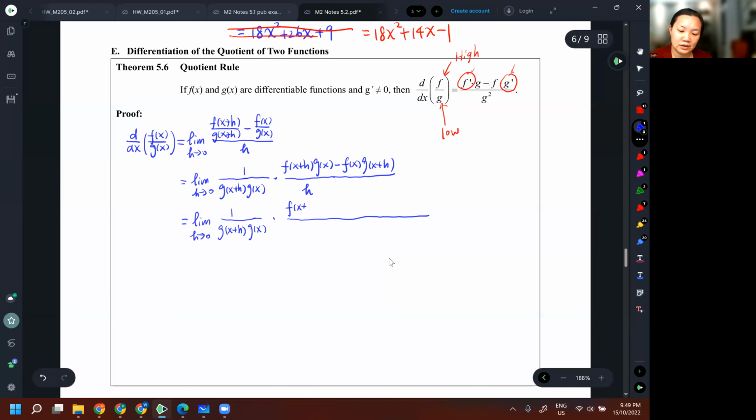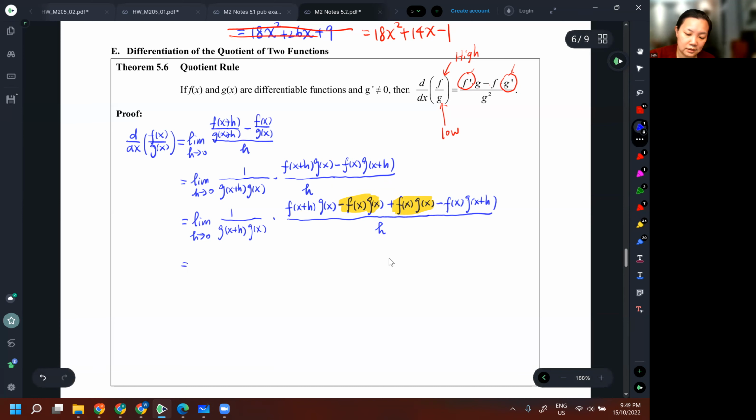This one I will get minus f of x g of x plus f of x g of x. Here I am subtracting and adding f times g.